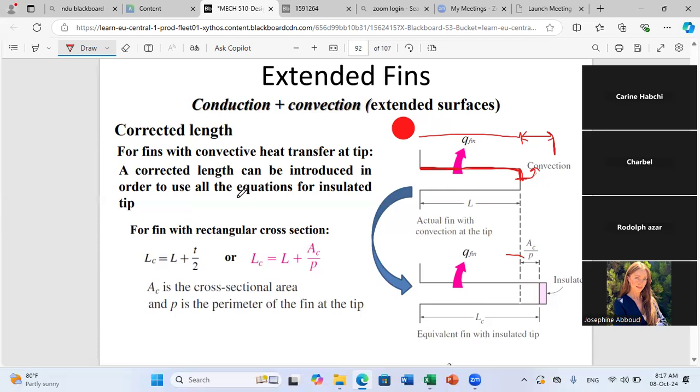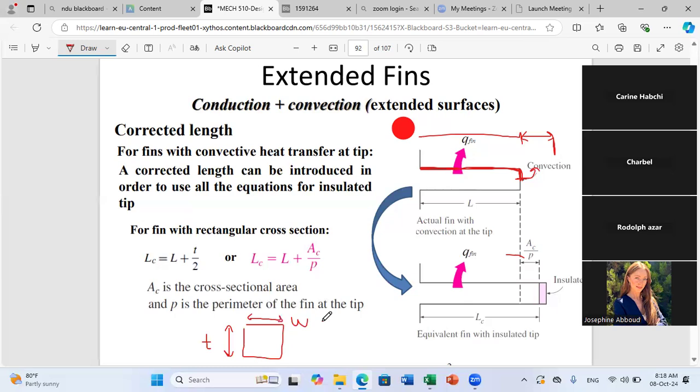For example, let us take the case of a rectangular cross section. This is my cross section, and this is the thickness T, and let's say this is the width W, and I have convection at the tip of my fin, and I want to find the value of the corrected length.